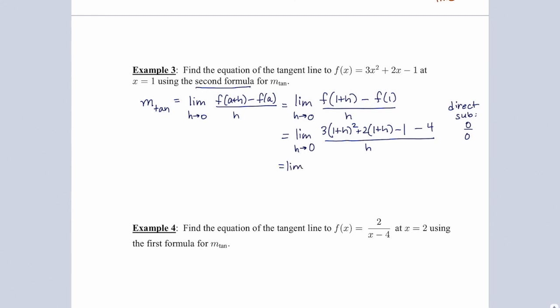So we'll expand the numerator carefully. Anytime I have that binomial squared pattern, we have the square of the first plus 2 times the product of the two plus the square of the second. Now I'll distribute the 2, and I'm going to combine these two, so minus 5 now.